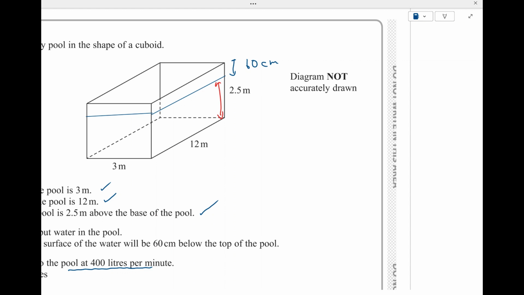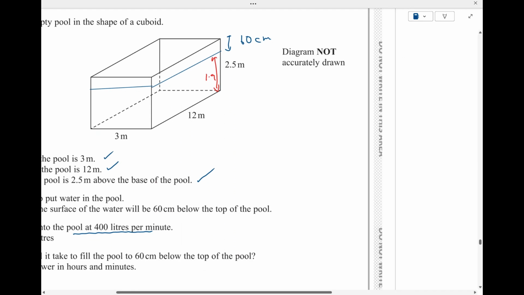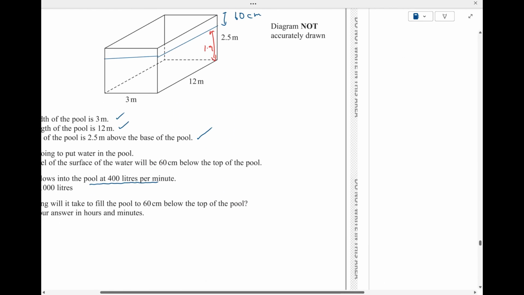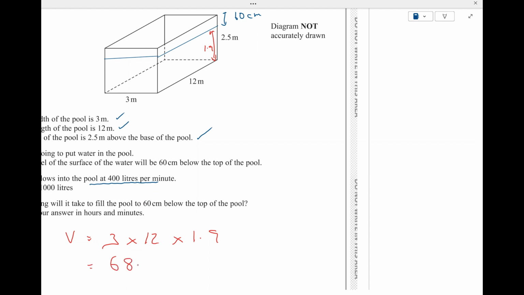So 2.5 minus 0.6, that's just going to be 1.9. So what volume of water is he going to need? He's going to need 3 times 12 times 1.9. So the volume of water he needs is 68.4 cubic meters of water. Okay.